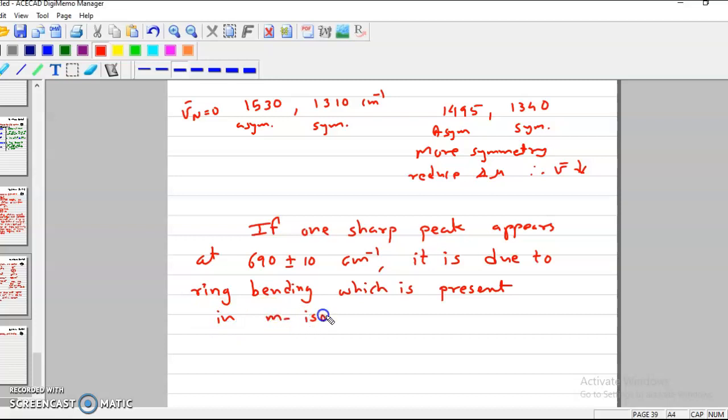So this way we can identify ortho, para and meta-isomers with the reference of IR bands.